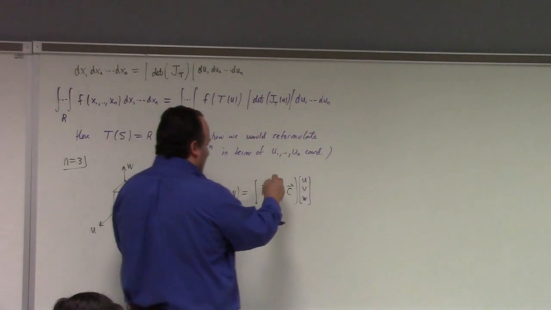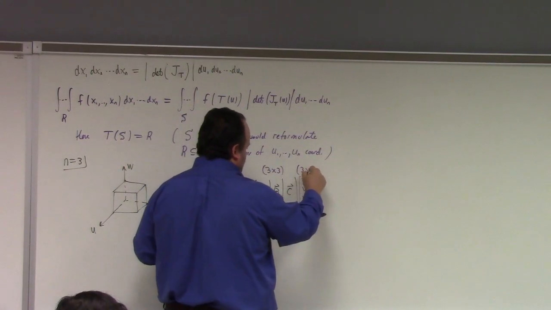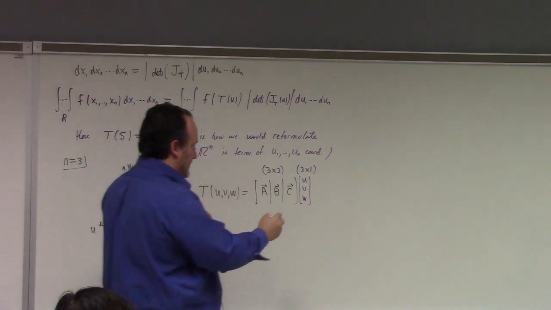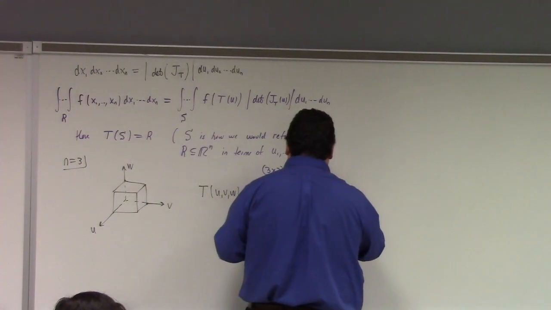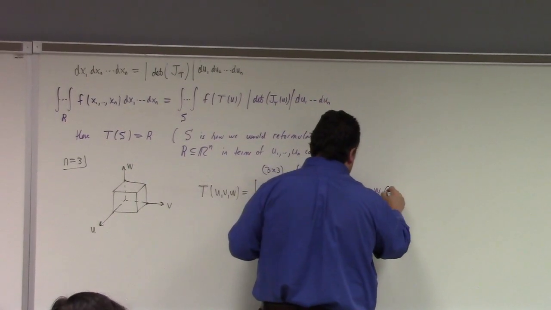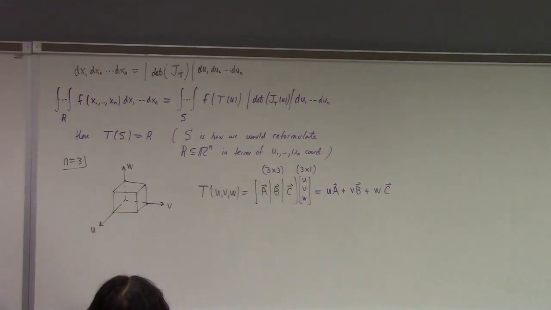So anyway, this is a 3x3 matrix, and this is a 3x1 vector. When you multiply, the way multiplying these works is simply this. The formula is UA plus VB plus WC. That's how this multiplies out, okay? For those of you who've not had linear algebra, which would be pretty much all of you, that's fine.